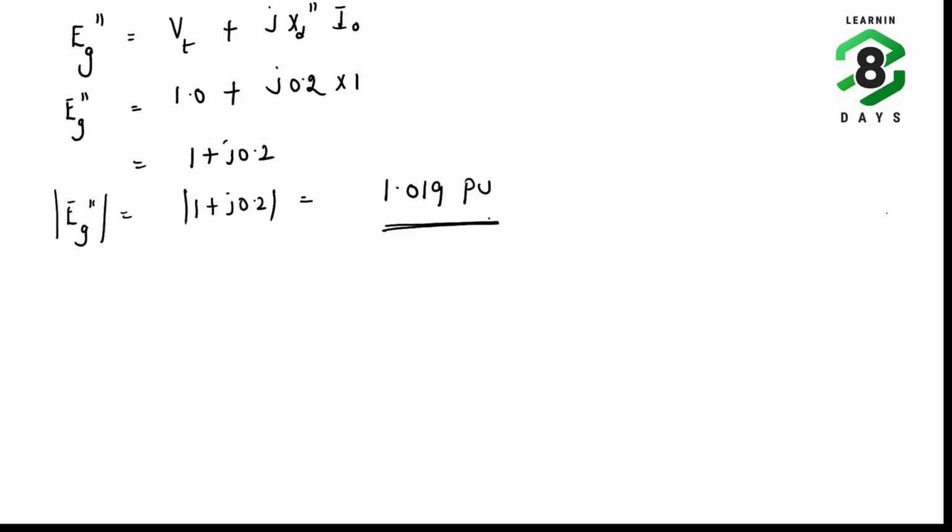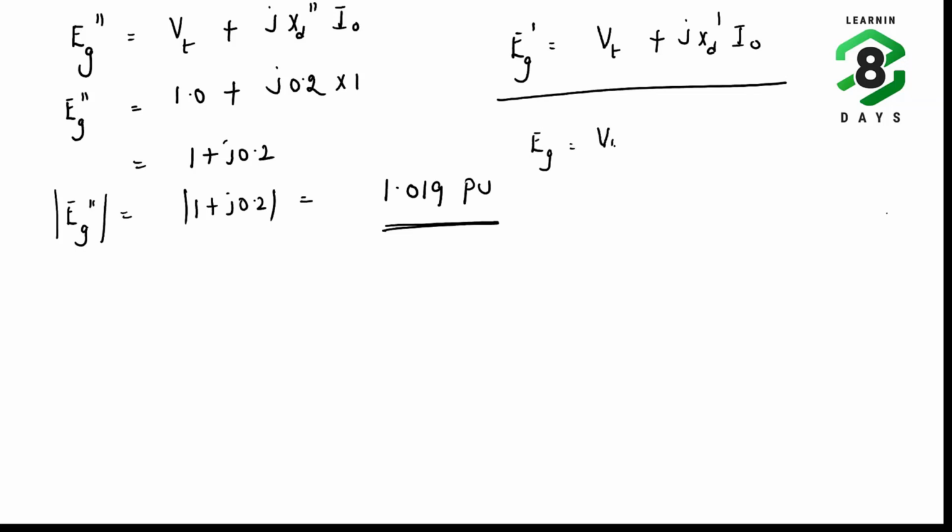Suppose they had asked for the transient one, again the equation would have become Vt plus jXd dash into I naught. In steady state, obviously, this is Vt plus jXd into I naught. From that only we have derived the pre-fault current.